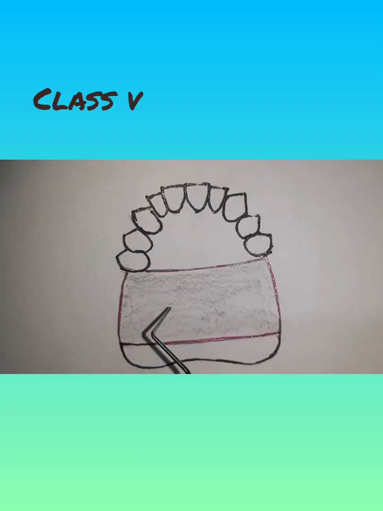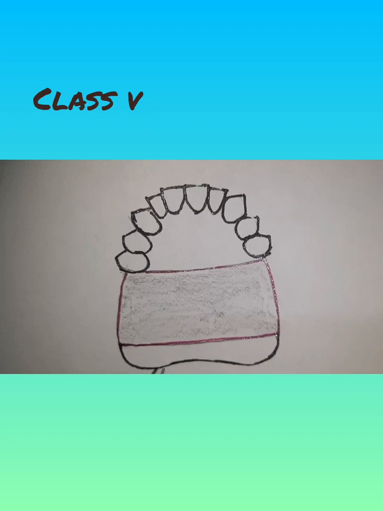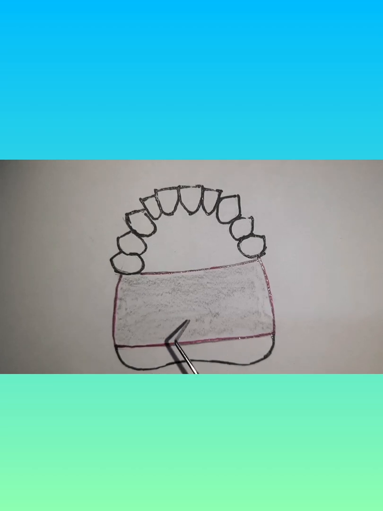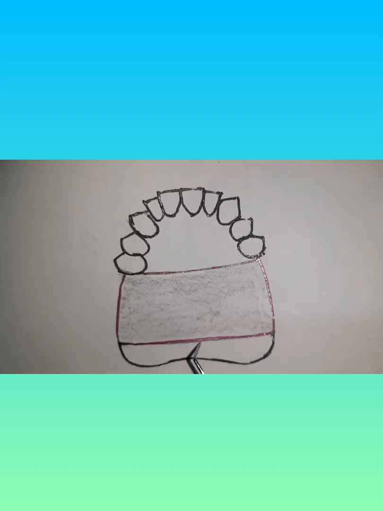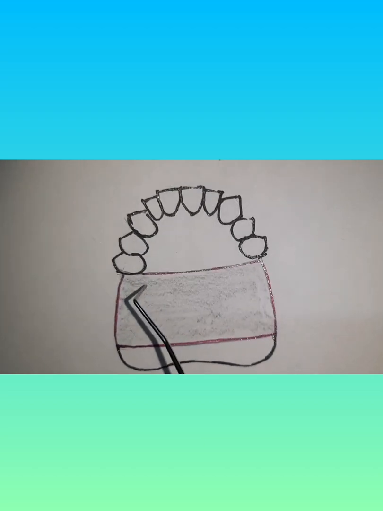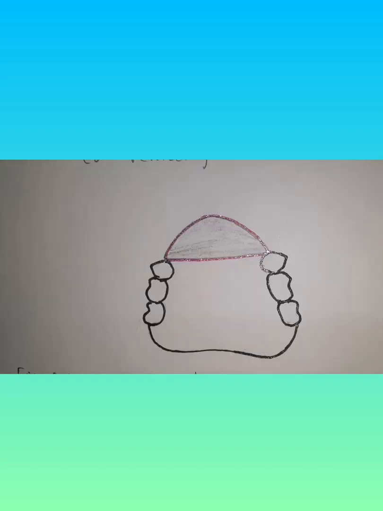Class 5 is the defect where you have a surgical defect which is bilateral. You can see it is involving both sides, and it lies posterior to the remaining anterior teeth. So you have teeth anterior to this defect. This is a bilateral posterior defect. Likewise, you have class 6, which is a surgical defect anterior to the remaining teeth.